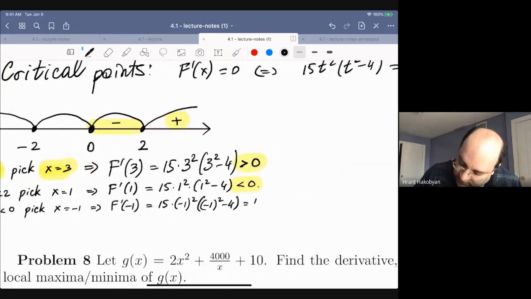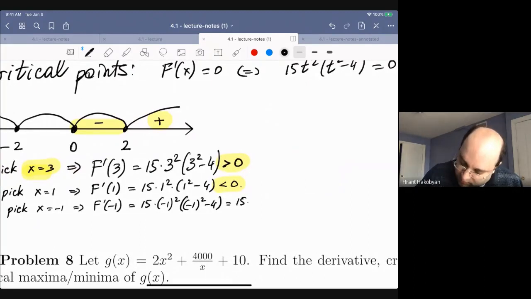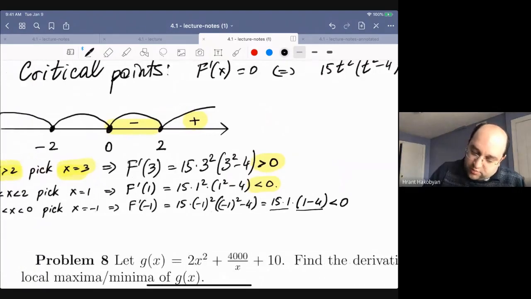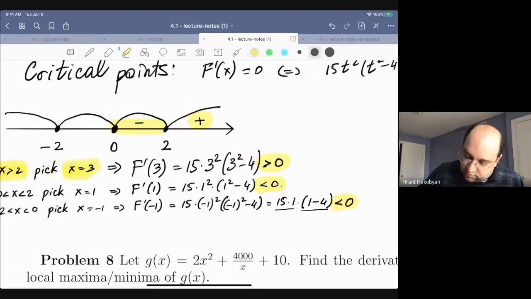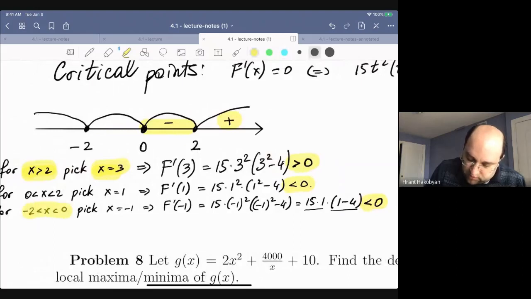Well, this is 15 times negative 1 squared, which is just 1. And again, negative 1 squared, which is 1, minus 4. So I have 15 times 1 times negative 3. So that's a negative number again. Okay? So now because it's negative, let's look where I pick the number from. It's from this interval here. So that's going to be a negative sign there as well.